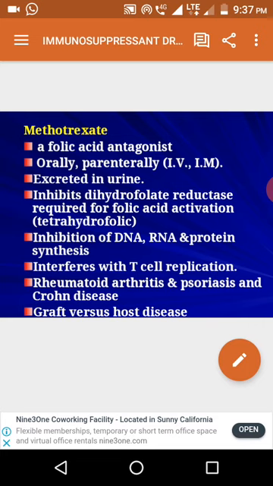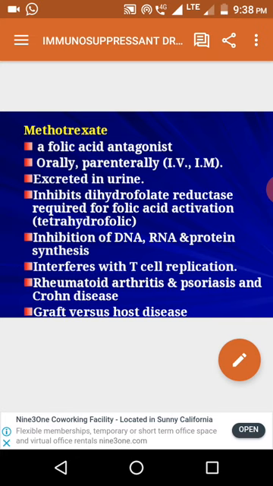With this, synthesis of DNA takes place, not only DNA but RNA and protein, which are necessary for T cell proliferation. Please remember, this mechanism of action is exhibited in the T lymphocytes or immune cells.